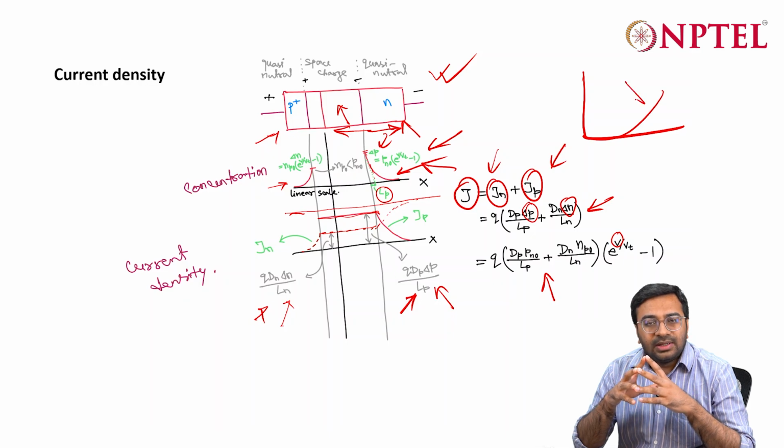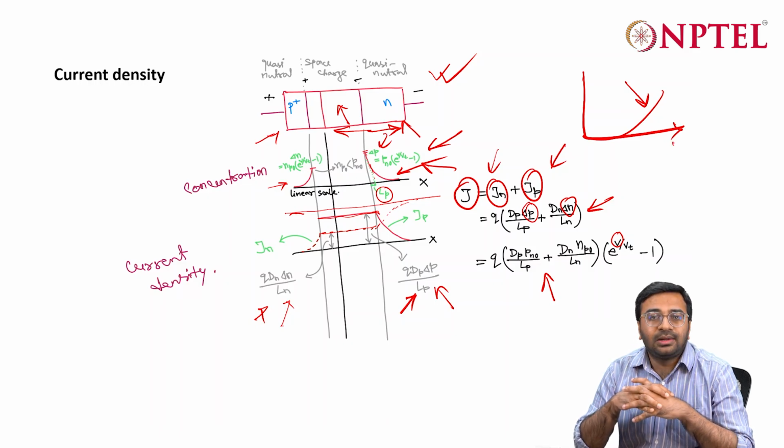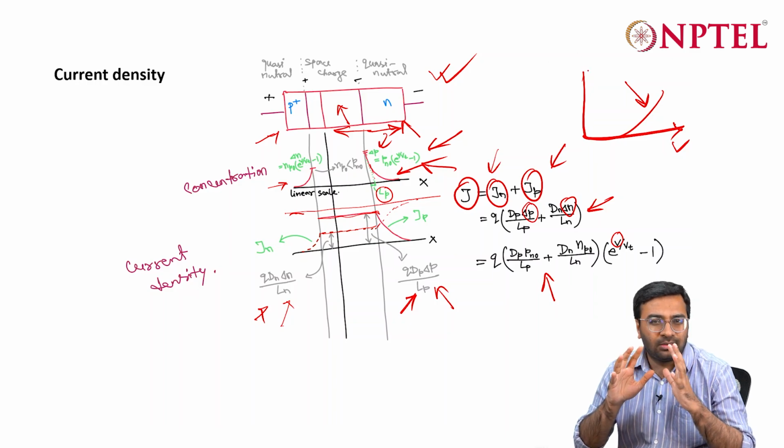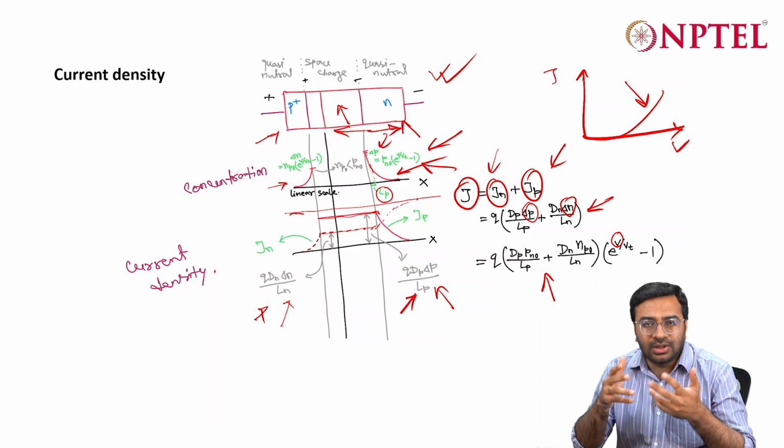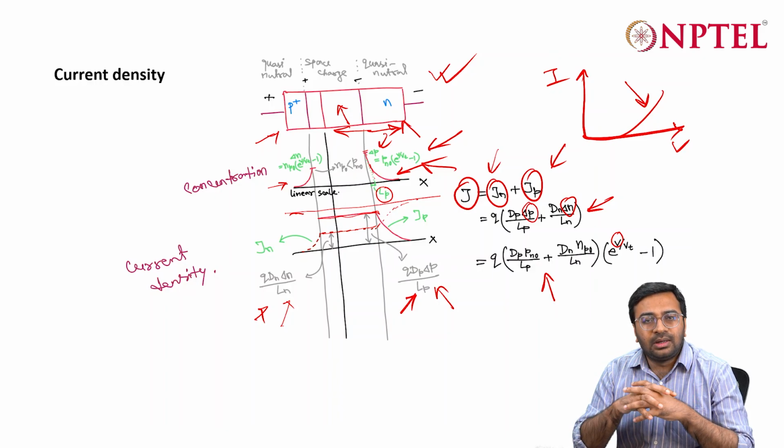And then we discussed the considerations of a p-n junction under equilibrium: how a p-n junction behaves under equilibrium and what the important concepts associated with that are. We have seen the band diagram to some extent, and in the coming lectures we will discuss more about the other concepts of p-n junction.